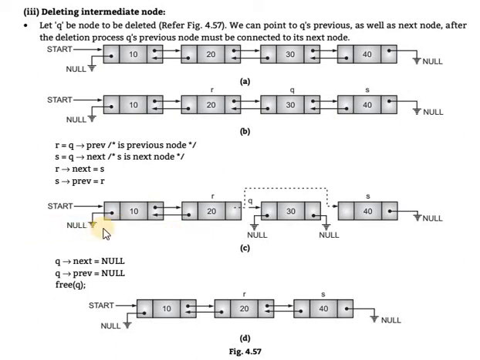This is connected to this, connected to this, and this one is freed. Q next is also initialized as null and Q previous is initialized as null, meaning all these links are freed from the list. Free Q, and your answer will be found.